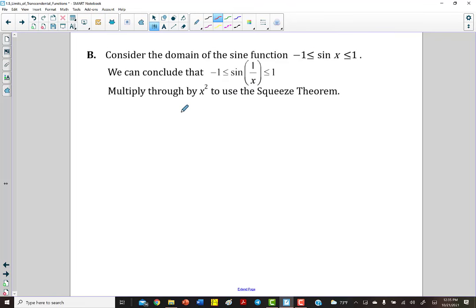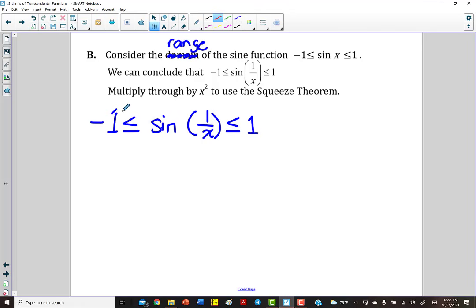That means the next thing we want to do is think about the range. This should say the range of the sine function. And the range of the sine function oscillates between -1 and +1. So if we set this up, -1 is less than or equal to sine of 1 over x, which is less than or equal to +1.